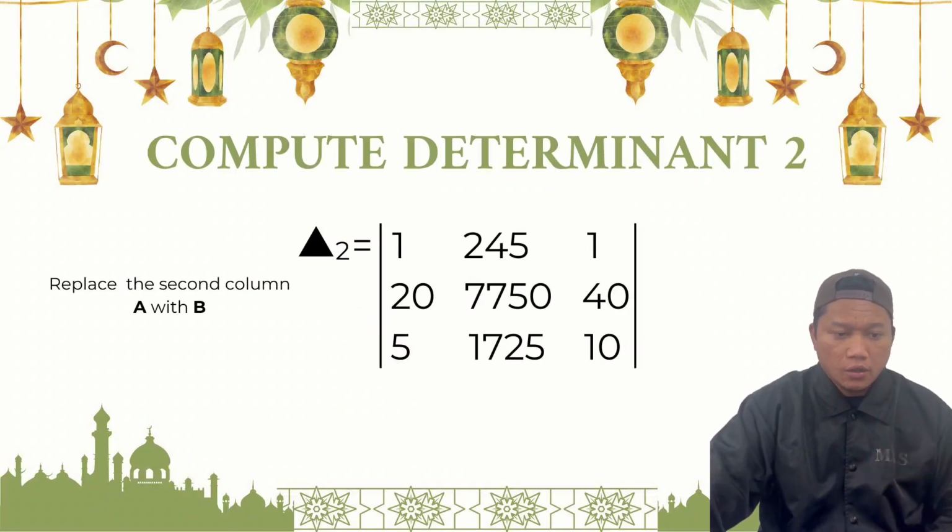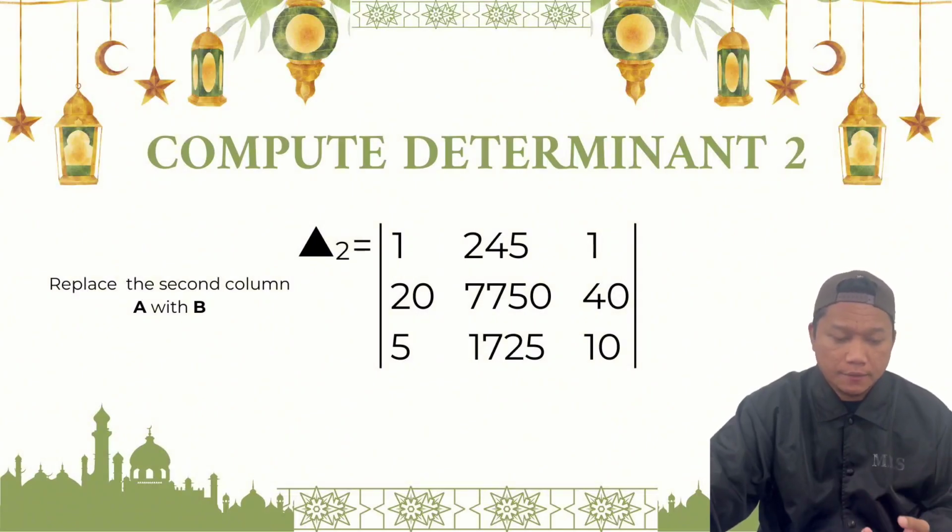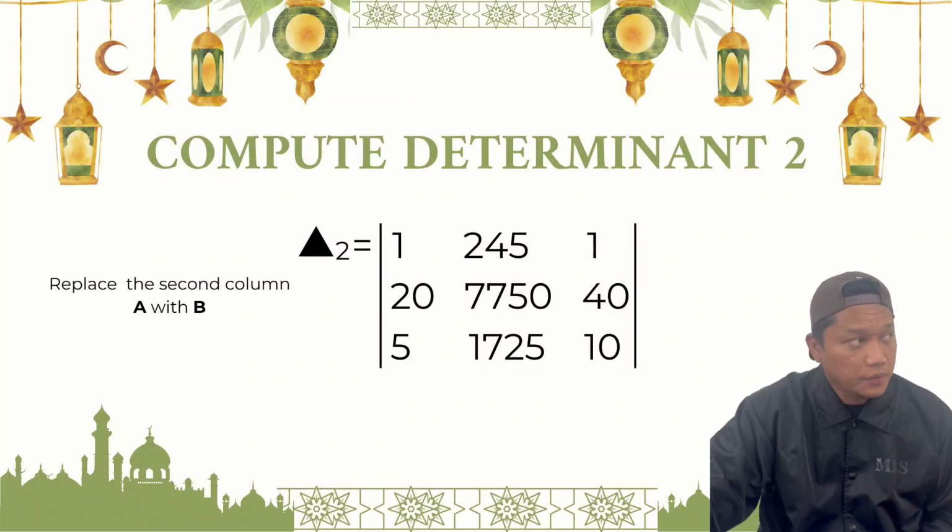Step 4. Compute determinant 2. To compute determinant 2, we replace the second column of matrix A with matrix B. Determinant 2 equals [1, 245, 1; 20, 7,750, 40; 5, 1,725, 10].